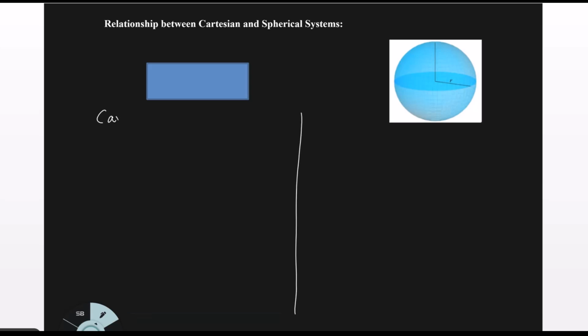First, convert a Cartesian coordinate system to a spherical coordinate system. In the Cartesian coordinate system, the points are represented by the letters x, y, z. In the spherical coordinate system, points are represented by the letters r, theta and pi, or r, pi and theta.